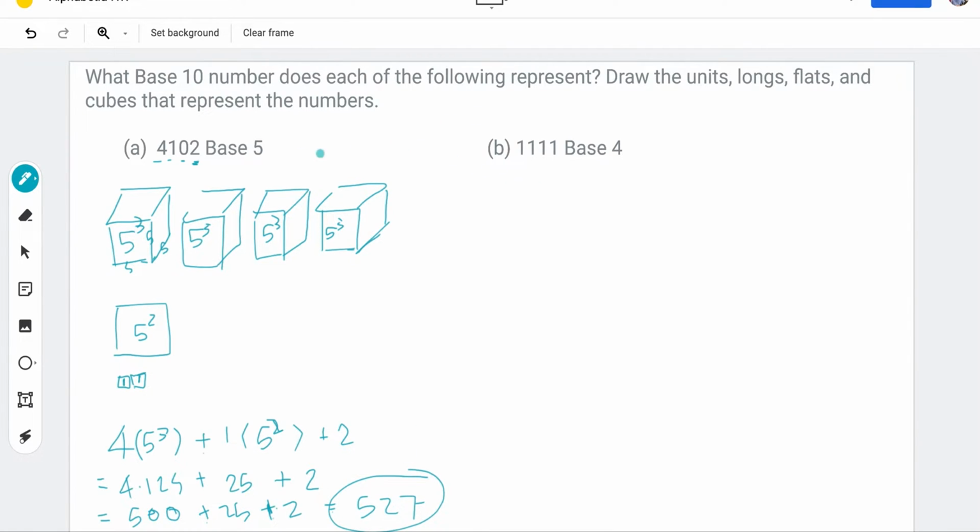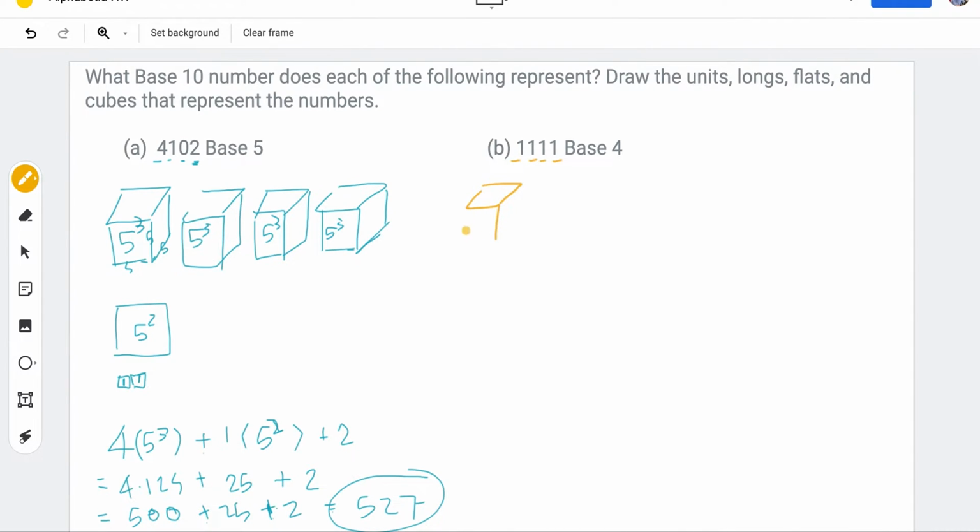You can do the same thing here. For base 4, let's use a different color. I'm going to use a little bit thicker. Okay, so 1111 in base 4. We know this is the units, longs, flats, and the cubes. So you have 1 of each, right?